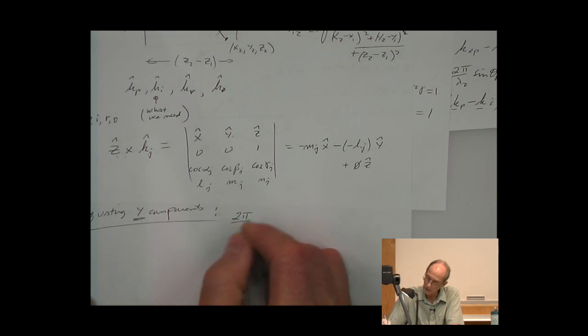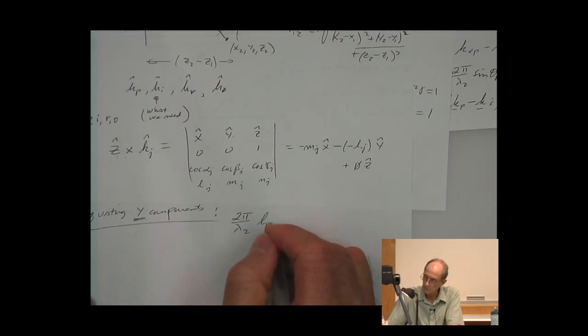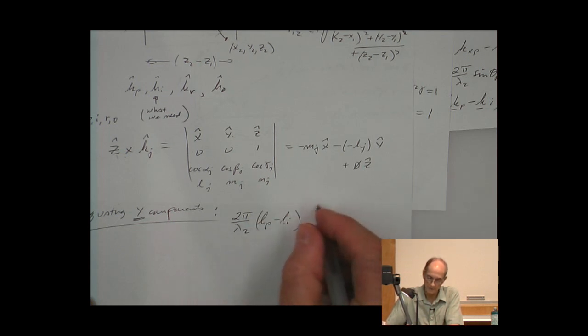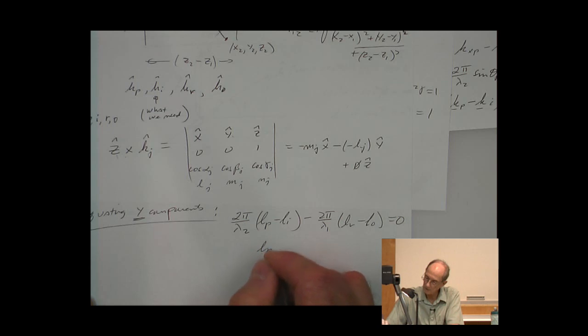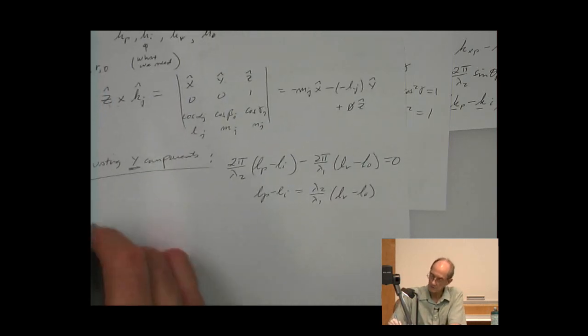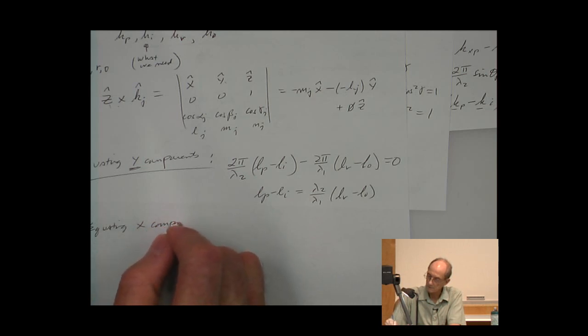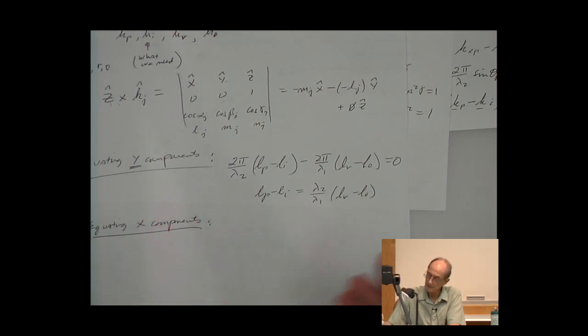So we have 2 pi over lambda 2, (LP minus LI), minus 2 pi over lambda 1, (LR minus LO), is equal to 0. Or we can just say, LP minus Li is equal to lambda 2 over lambda 1 times (Lr minus Lo). All right? And then similarly, equating the x components, we end up getting the m values.